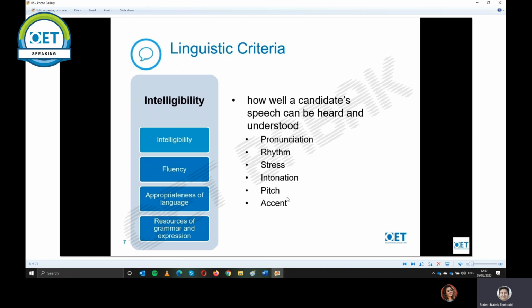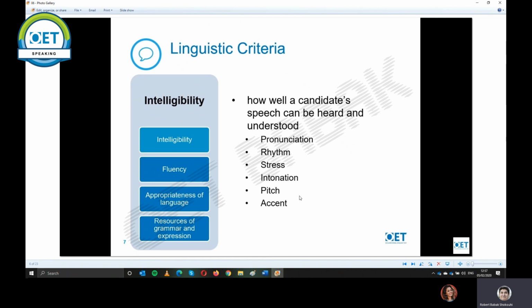The pitch, like some people speak very loudly, and some people speak very screamy. If you speak loudly or with a different pitch, it means that you're screaming or shouting.